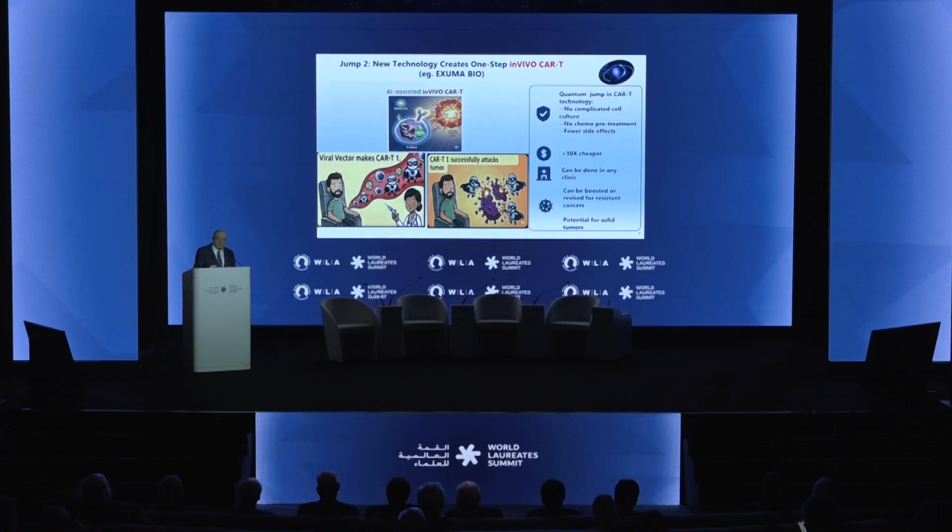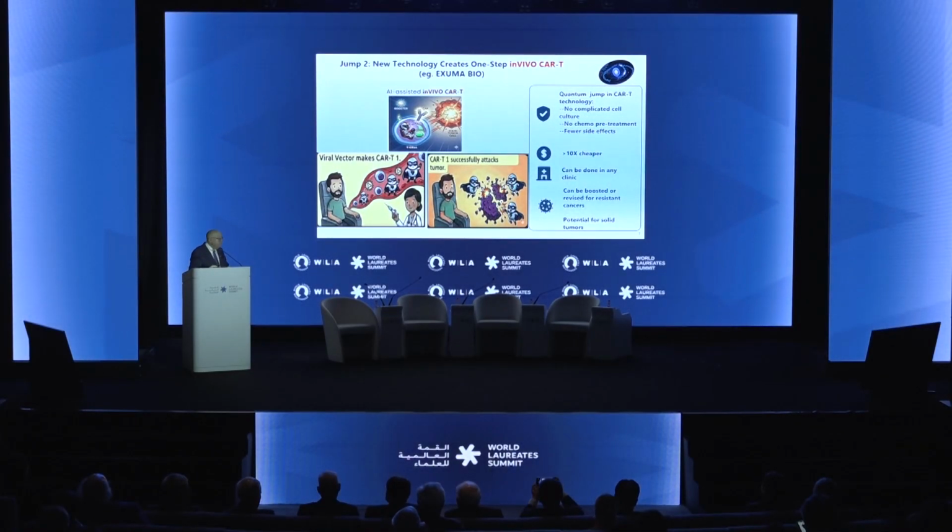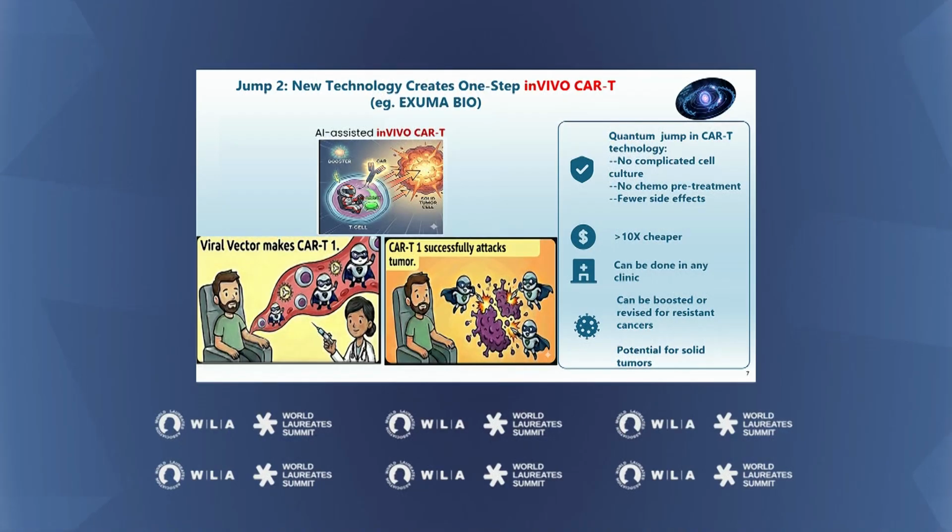However, in the last couple of years, maybe only the last year, several laboratories, and especially one that I'm more familiar with at Exuma Bio, which has its offices in West Palm Beach, they work very hard given that they work in West Palm Beach.